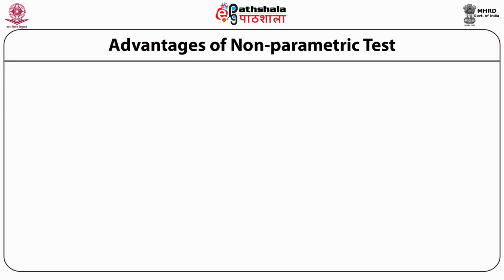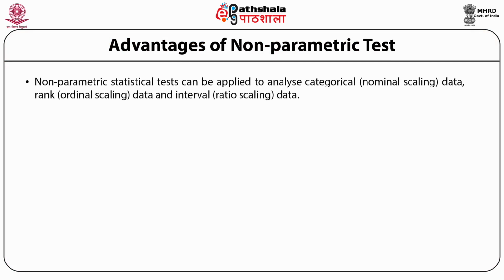Let us see what the advantages of going for the non-parametric test are. The first advantage is that non-parametric statistical tests can be applied to analyze categorical data, which have been collected on nominal scales, ranks, that is the ordinal scale data, and the interval data.